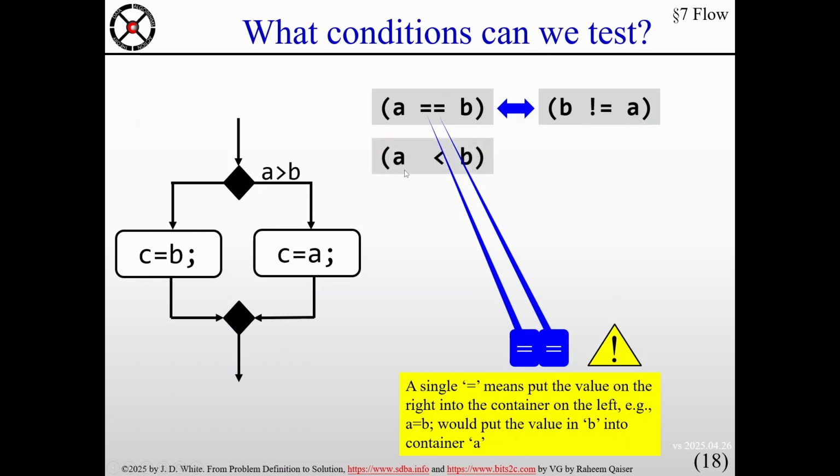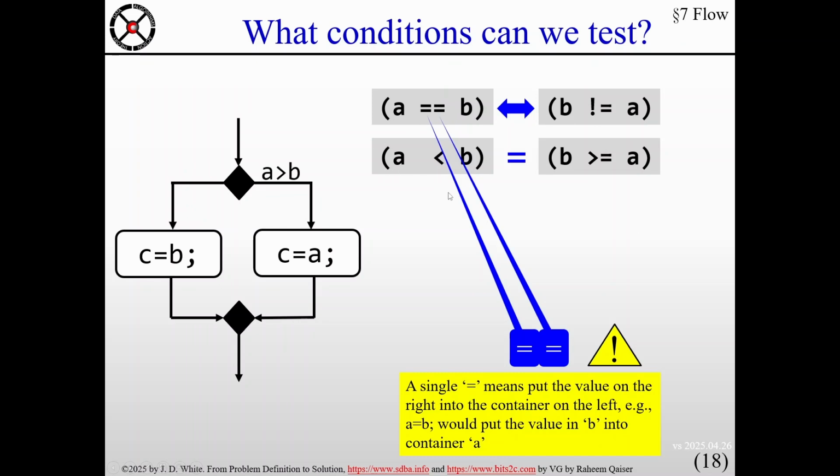I could write A is less than B, which is the same as putting B greater than or equal to A on the other side. So I could write it either way. Personally, I prefer to use the one symbol, because it doesn't have two symbols together.